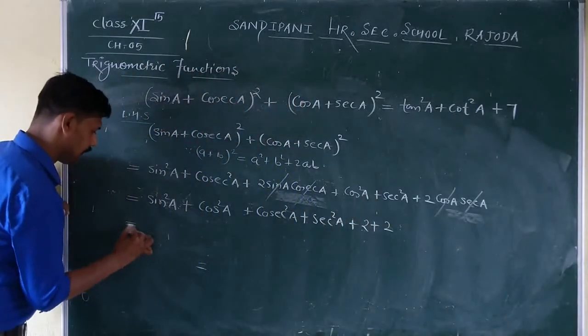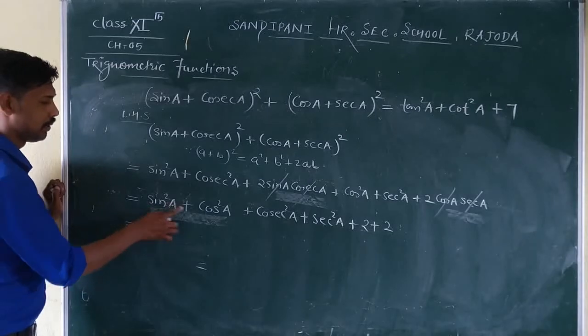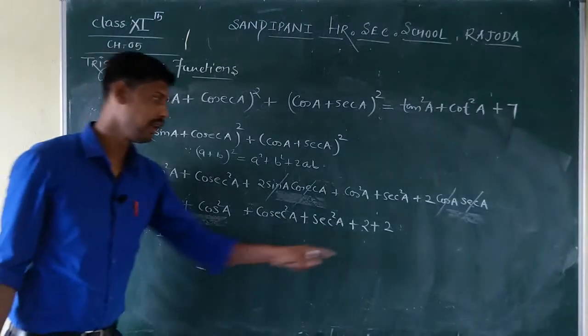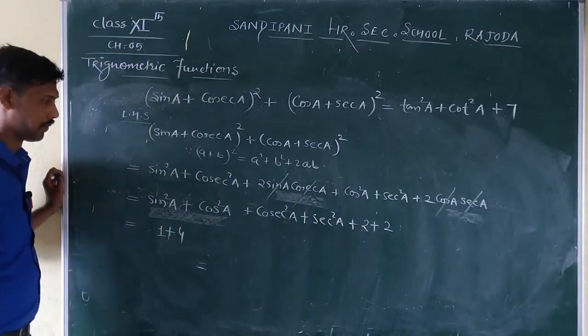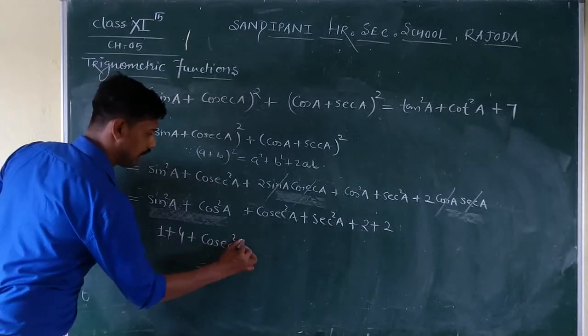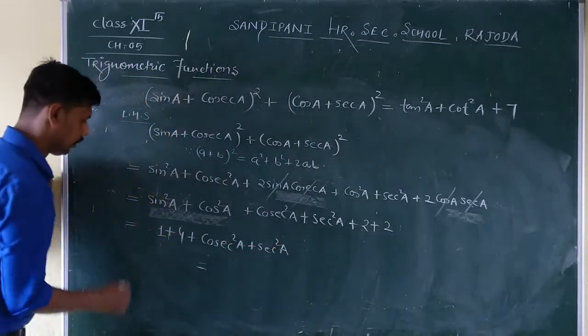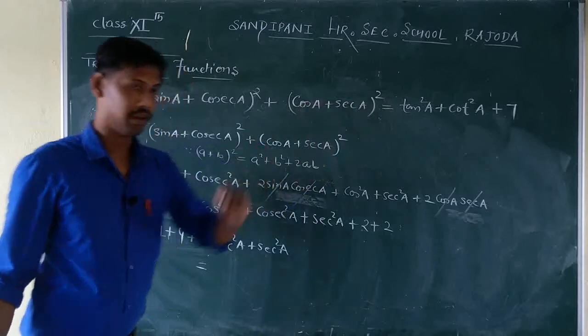Now according to the identity of class 10, sin square theta plus cos square theta will be equal to 1, and finally 2 plus 2 will be equal to 4. Here cosec square A plus sec square A, 4 plus 1 will be equal to 5, but we need 7.